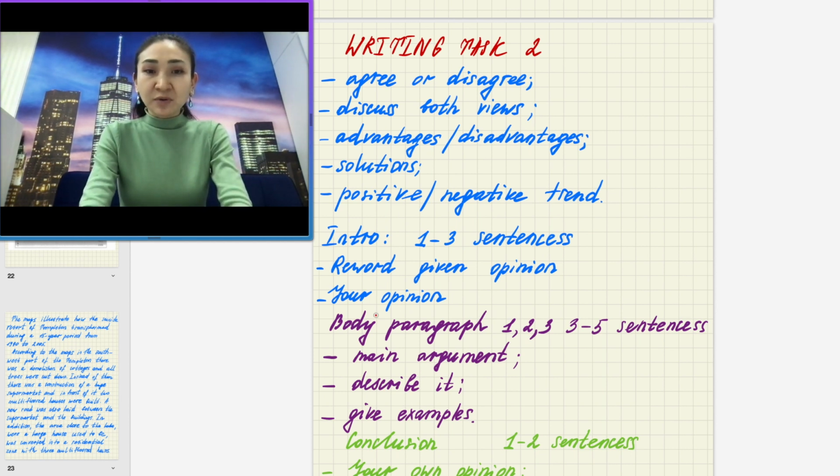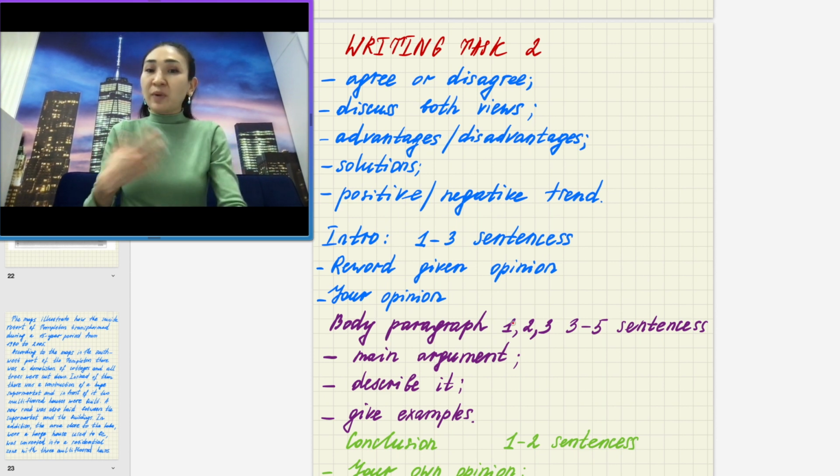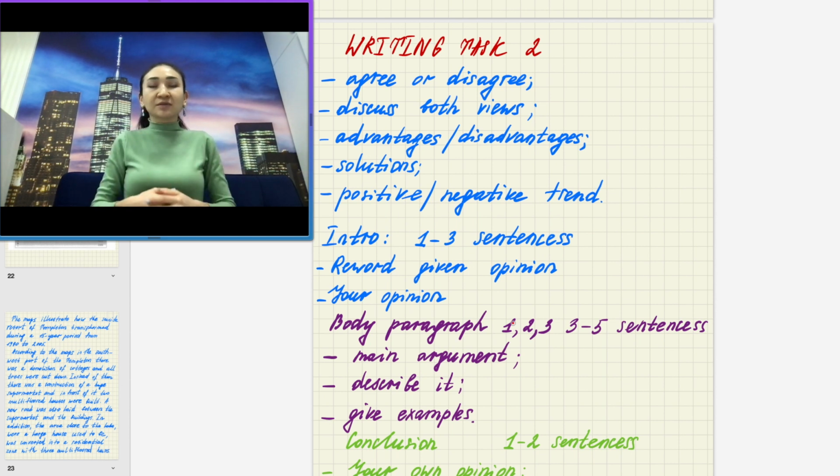So further we go to the body paragraph. It could be 1 or 2 paragraphs or 3, and don't make like 5 or 7 or whatever. Maximum is 3. It's gonna be better, because otherwise you're just gonna lose your time.